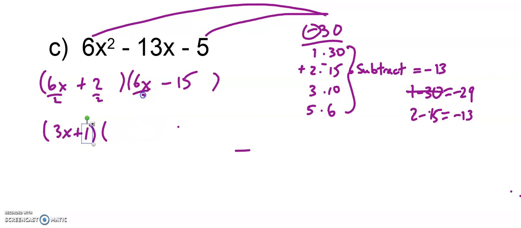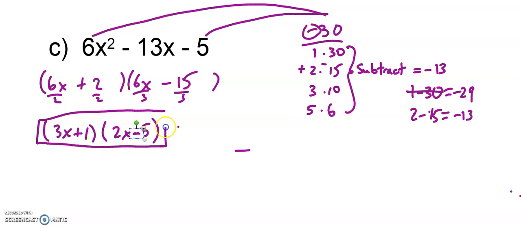This can be divided by 3, so you get 2x minus 5. And there you go. That's the answer to this factoring. And that's how we factor quadratics with a leading term other than 1. Okay? See you guys in class.